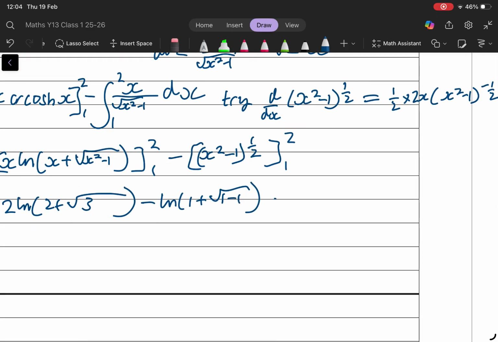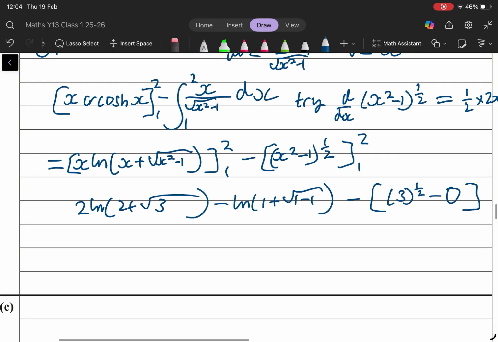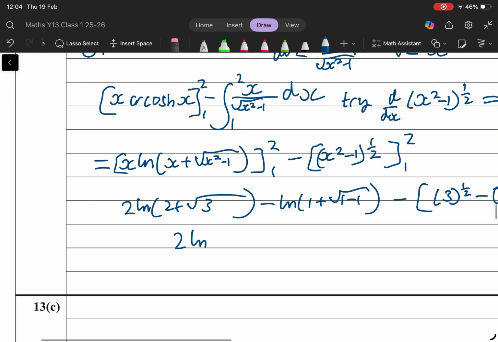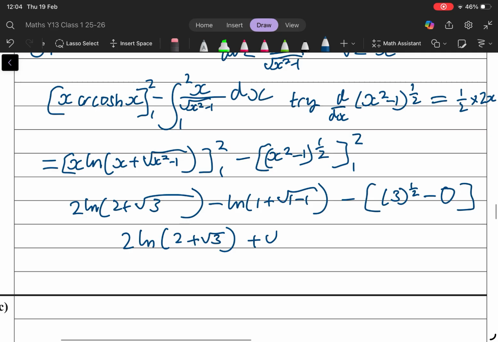And then minus, we're going to keep that minus in for now because I'm not making sign errors this late into a question, hopefully. 4 minus 1 is 3 to the half, minus, and then 1 minus 1 is 0. So then that's 2 ln of 2 plus root 3, minus root 3.